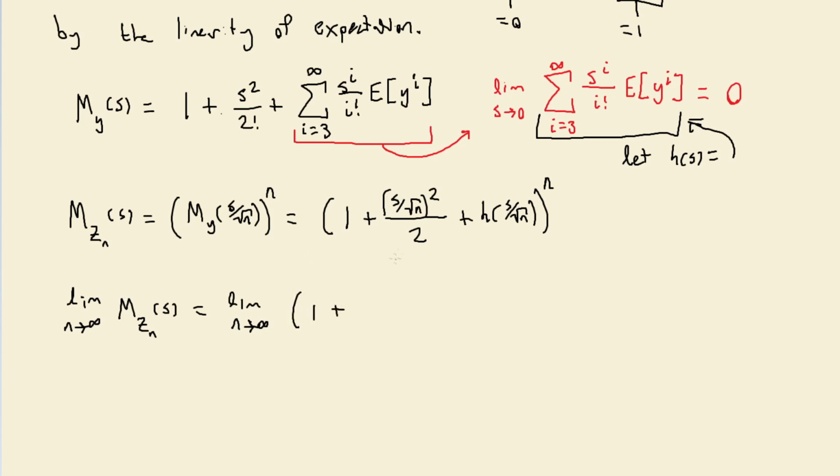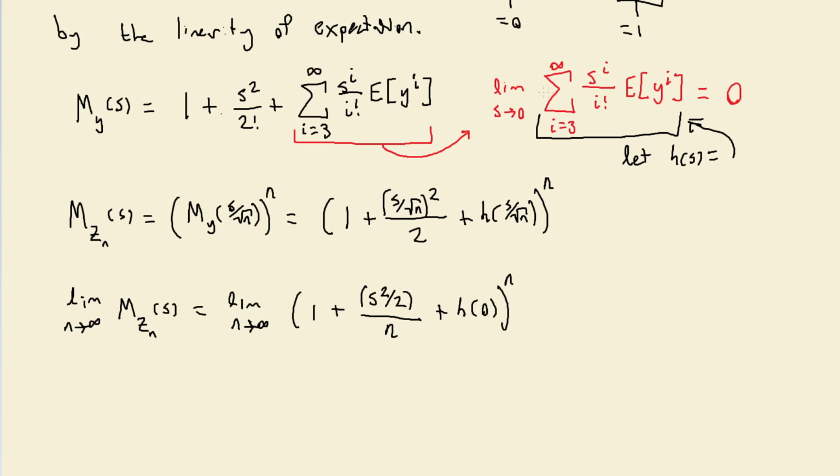We have 1 plus, and then I can move this out, so this would be s squared over 2 over n, because here we're squaring this. And then here, as n goes to infinity, this s over the square root of n is going to go to 0. So this is going to be plus h of 0 to the power of n.